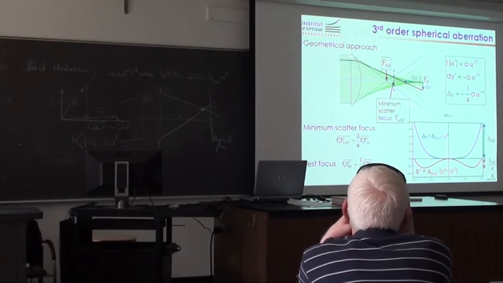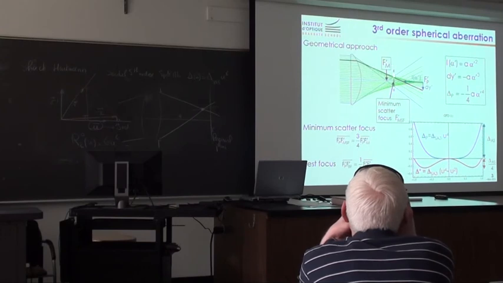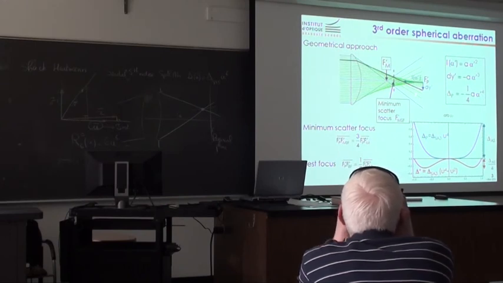These blue rays are the marginal rays, and they intercept this caustic, which has a symmetry of revolution, in this plane. If you put your camera here, of course it's a disaster. This is your spot. If you move it this way, at some point the spot is minimum.